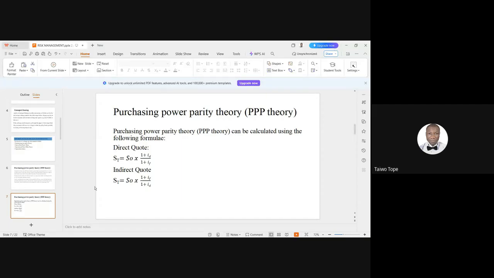We defined that in the last class, but we are not reading. For direct quotes, this is where the price of one unit of foreign currency is expressed in an equivalent amount in home currency.